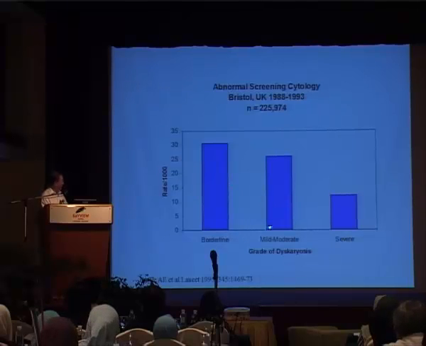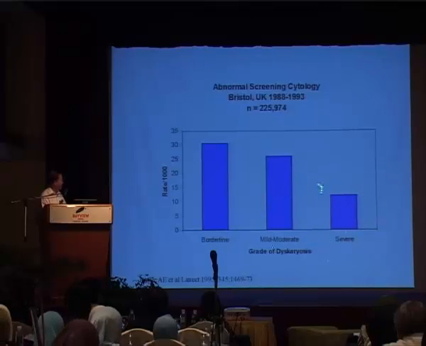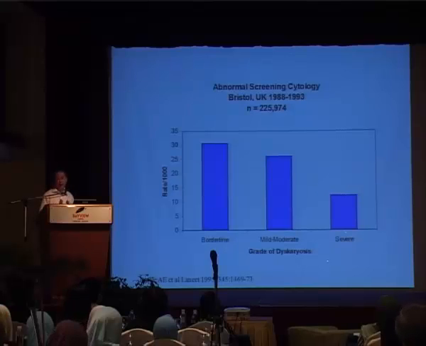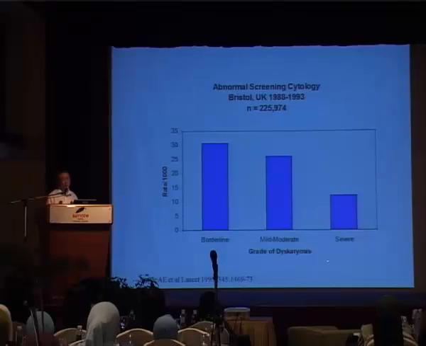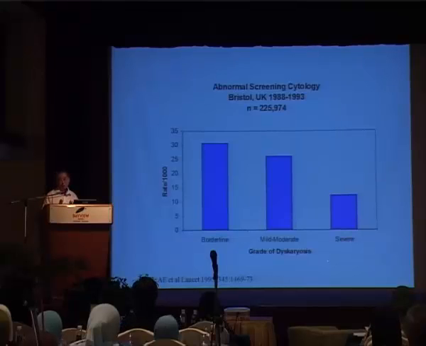And in terms of management that we are interested in, management of severe and maybe even moderately dyskaryotic pap smear is quite clear-cut. All of you know that you evaluate the cervix with colposcopy and biopsy when necessary. But the controversy and the challenge that we have is this very large number of women with mild abnormalities.